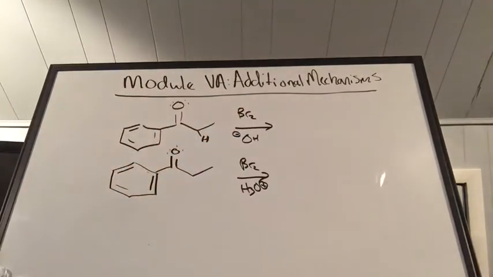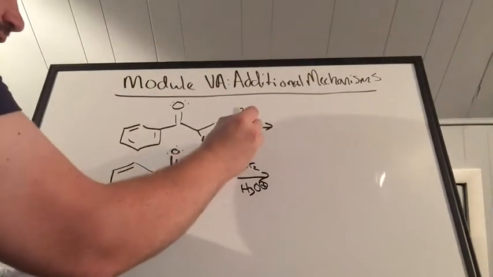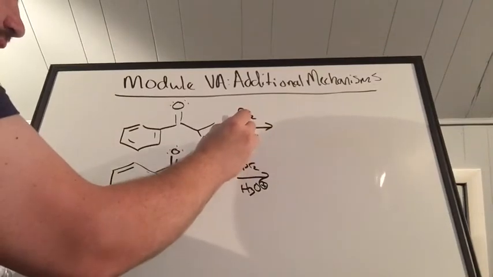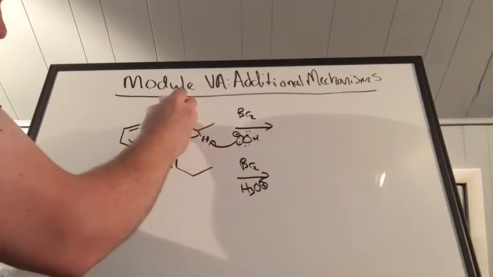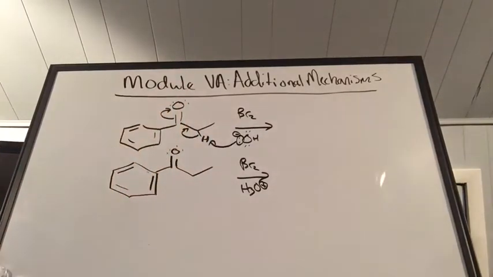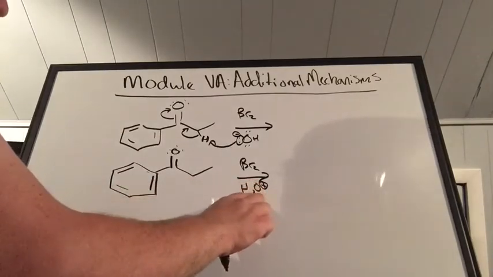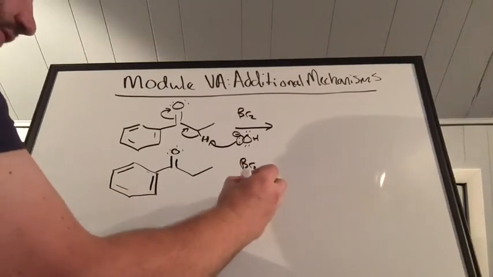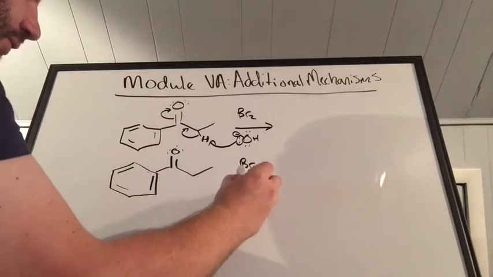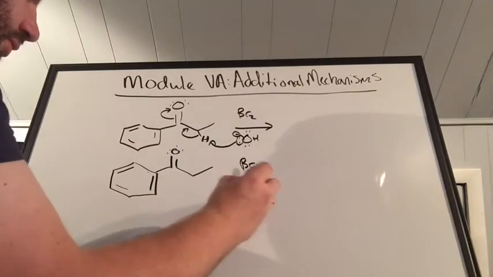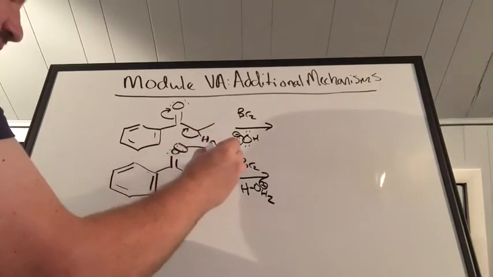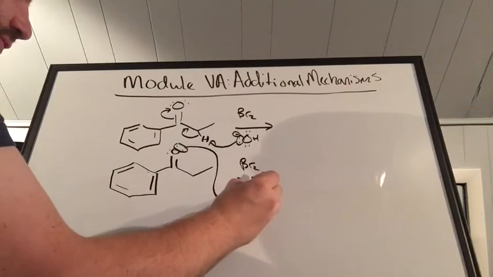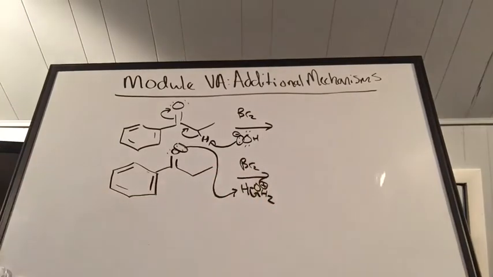One's going to be under basic conditions, and then the other is going to be under acidic conditions. So I'm going to show you the first steps involved here. So different mechanisms.